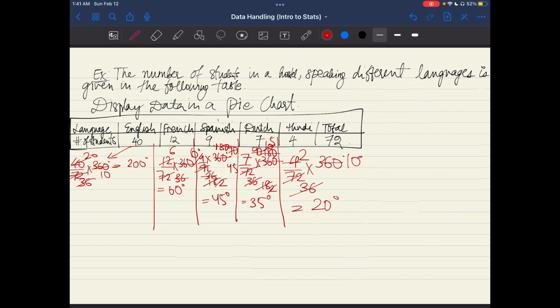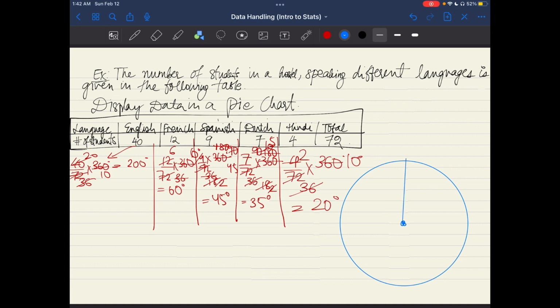So now we have all the internal angles for the different languages that are being spoken in a hostel by the students. So we can definitely go ahead with creating the pie chart since we have all the internal angles. So let's mark the center. Okay, so since for English it's 200 degrees, it means it's slightly more than half of the circle.